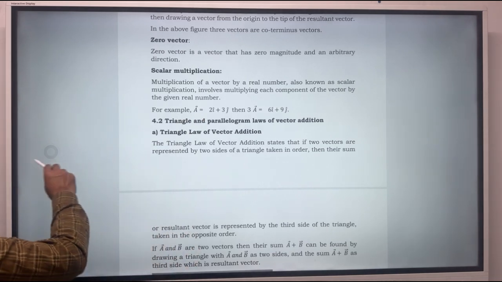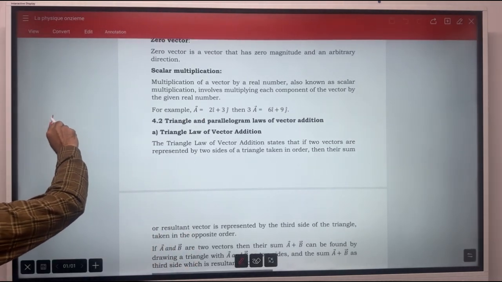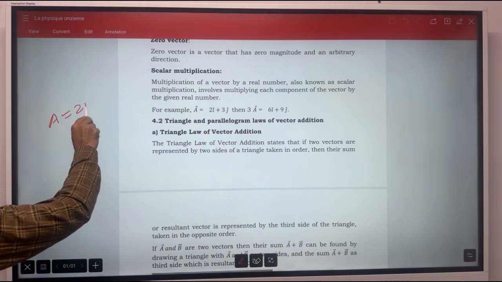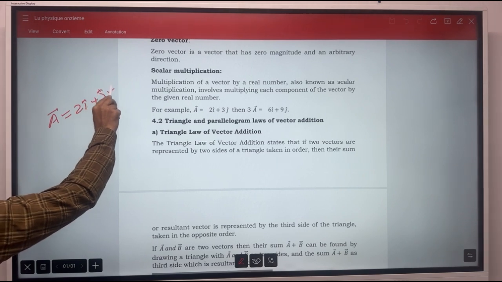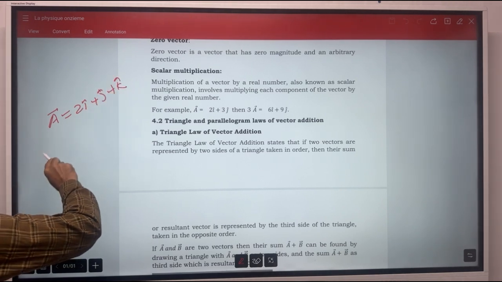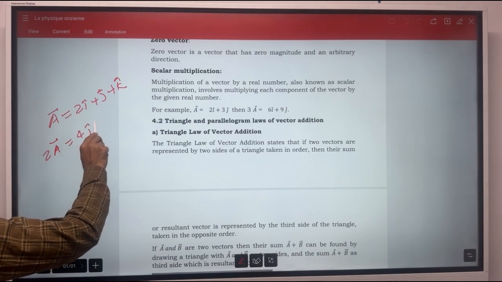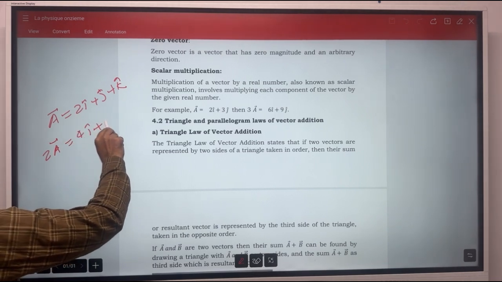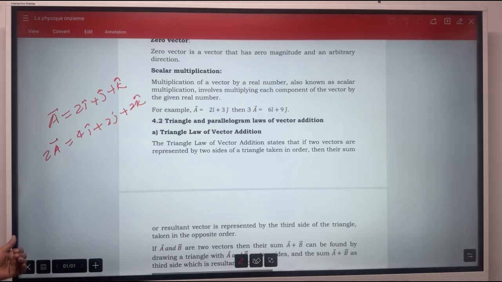Example: suppose you take vector A equal to 2i plus j plus k. If you write twice of vector A, this will become 4i cap plus 2j cap plus 2k cap. So what will happen? Its magnitude will change by a factor of 2, as you have seen here.